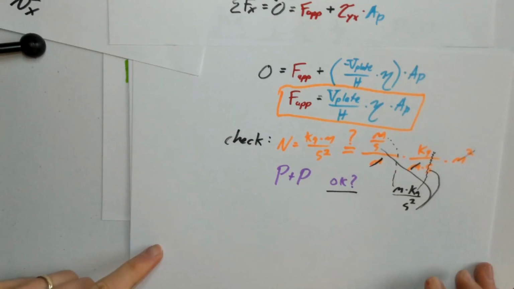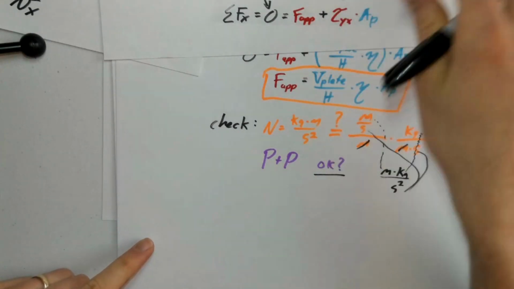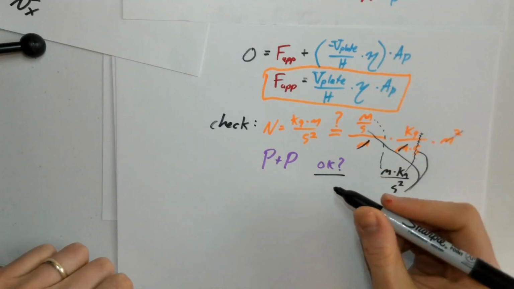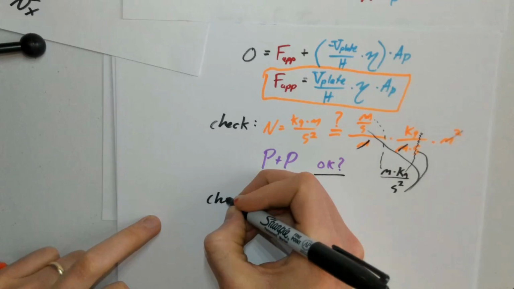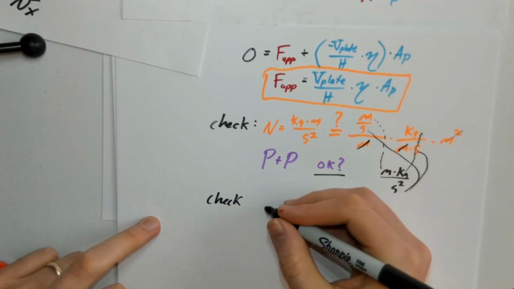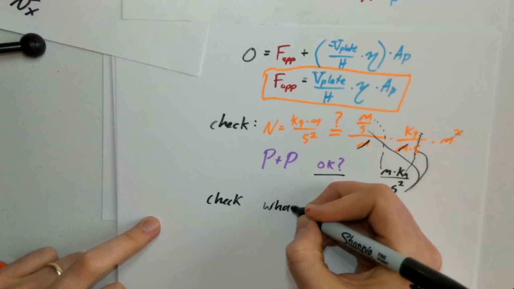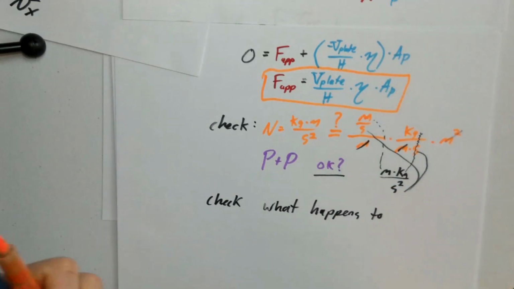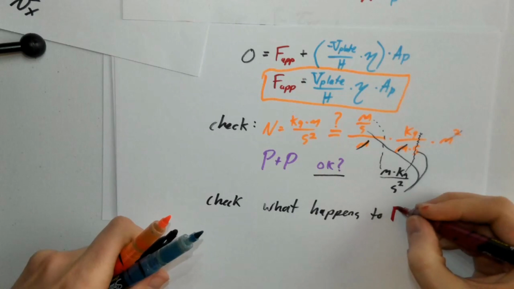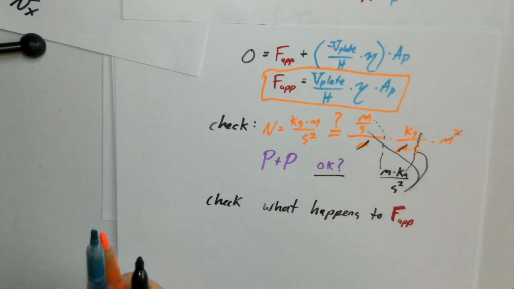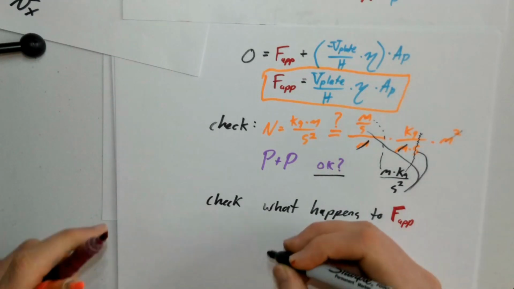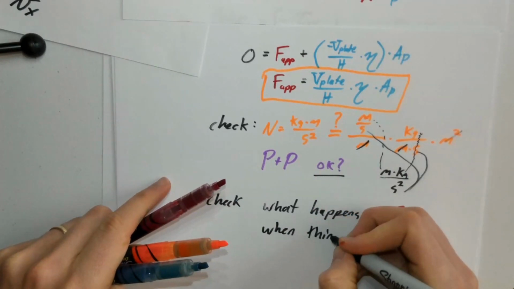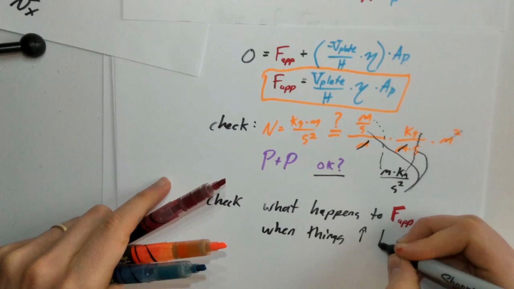One additional check that I like to do is the following. Another check is basically to look at what happens to our applied force when various things go up or go down, right?